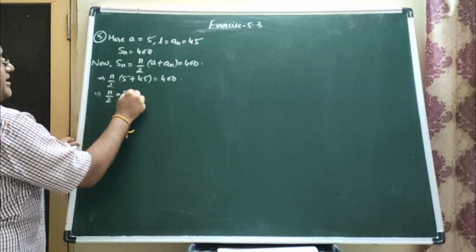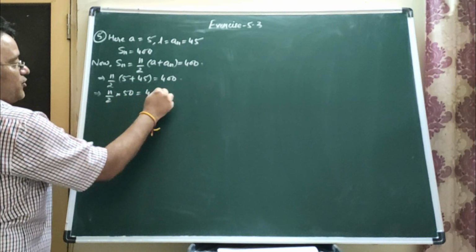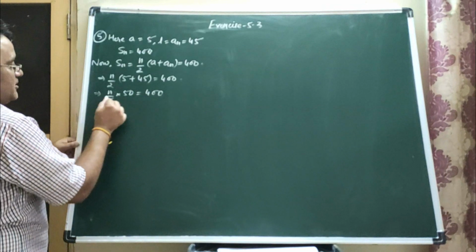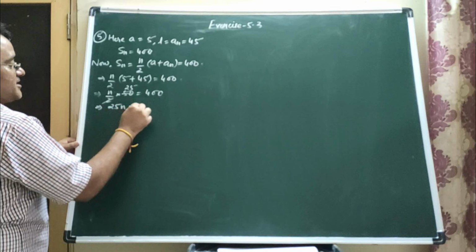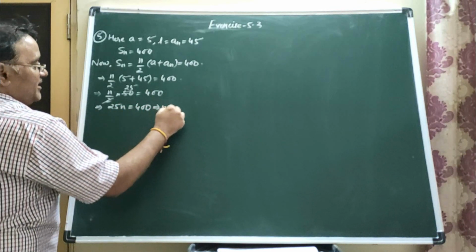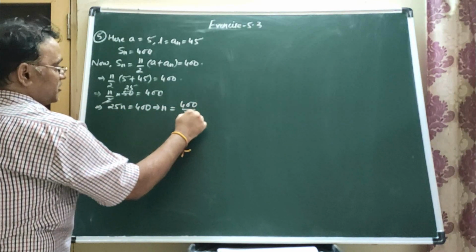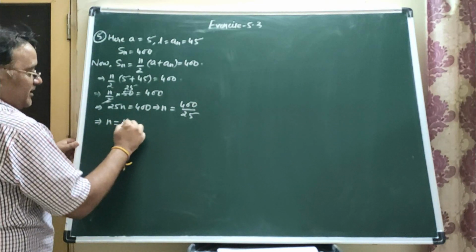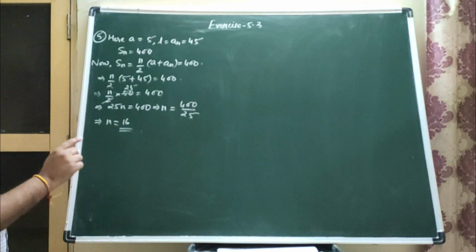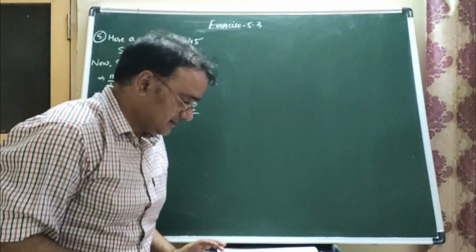So 50 is coming, is equals to 400, right? So we can cancel this or take it to the other side. So 25n is equals to 400 and n is equals to 400 upon 25. If we divide 400 by 25 we get 16. So we got the value of n.